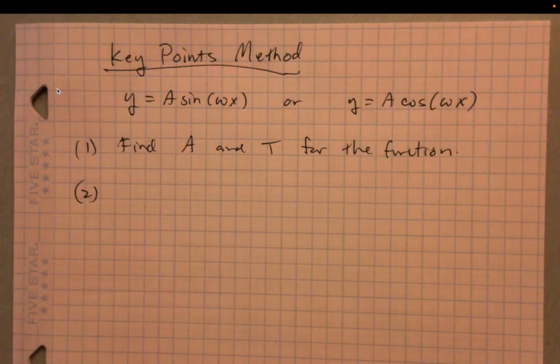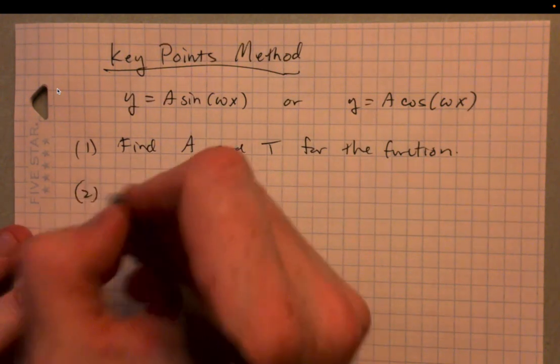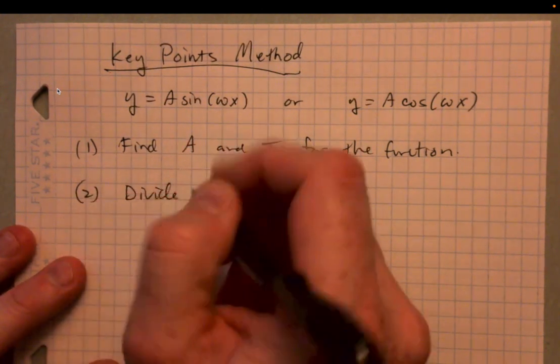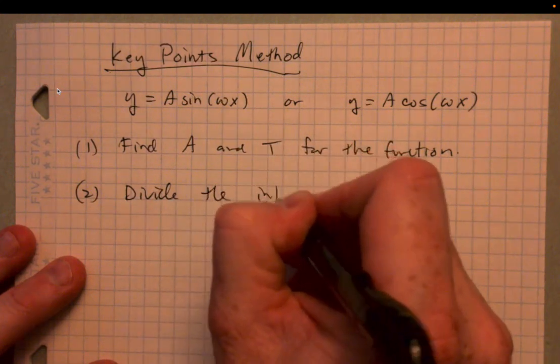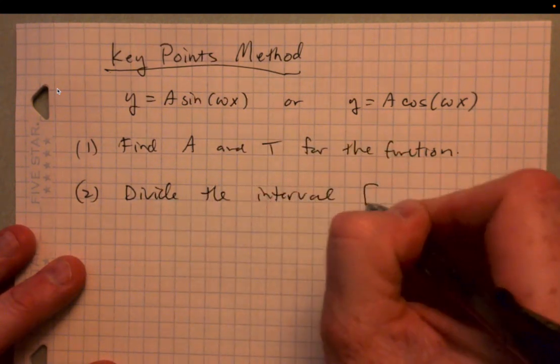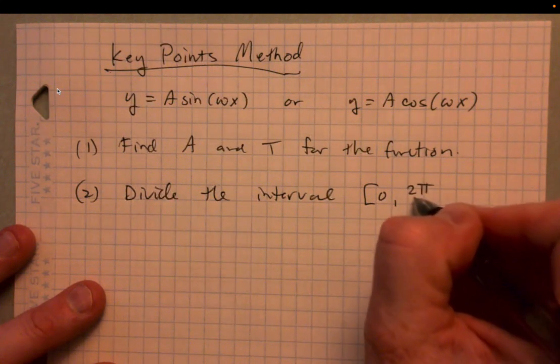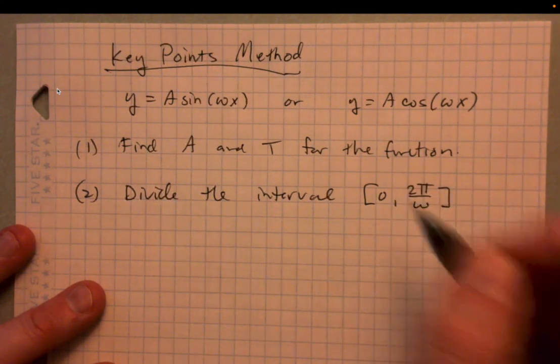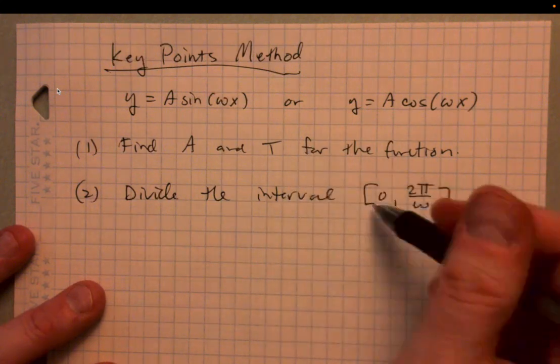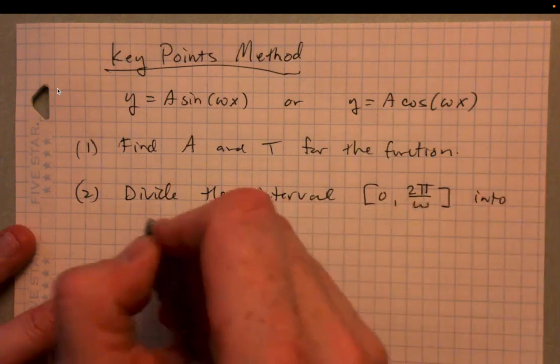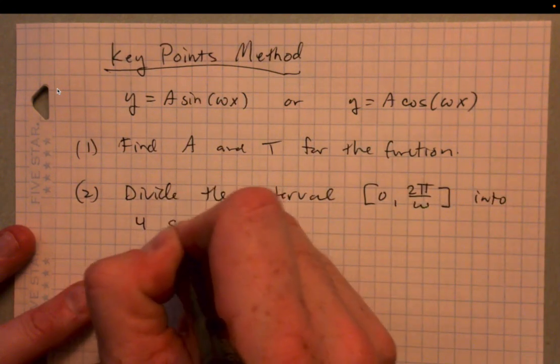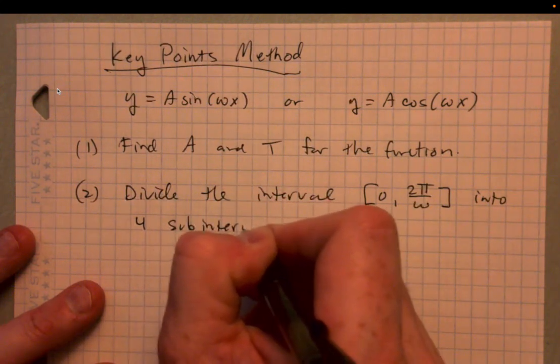Step two is, once we know the period, we need to divide the period into some intervals. So we need to divide the interval from 0 up to the end of the period, which would be 2 pi over omega. That's T. We need to divide this interval into 4 subintervals.